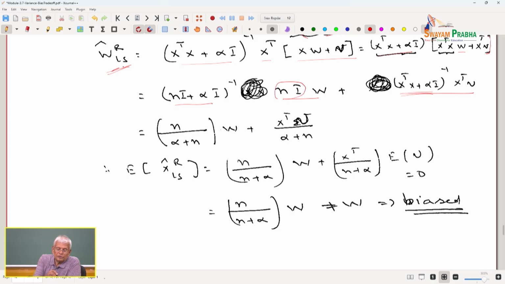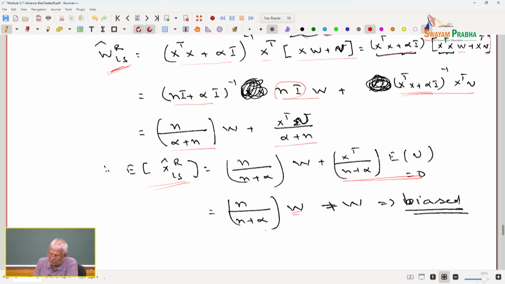So, the estimate consists of a deterministic part plus a random part. E of v is 0, so if I took the expected value, the random part's expectation is 0. So now the expected value is equal to n over n plus alpha times w, where w is the unknown deterministic constant. n over n plus alpha is not 1 unless alpha is 0, but I have assumed alpha is greater than 0.